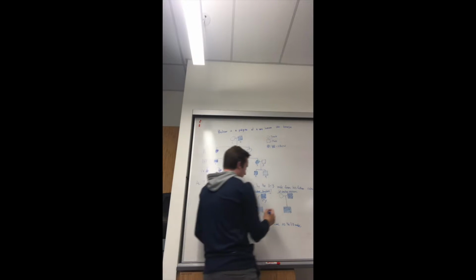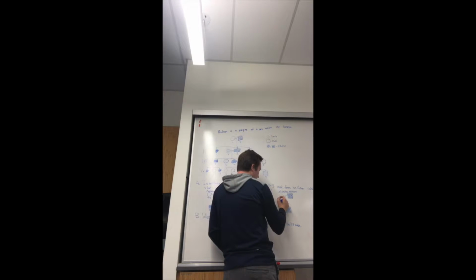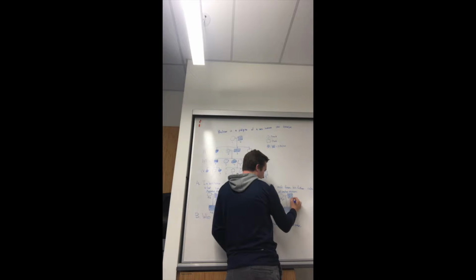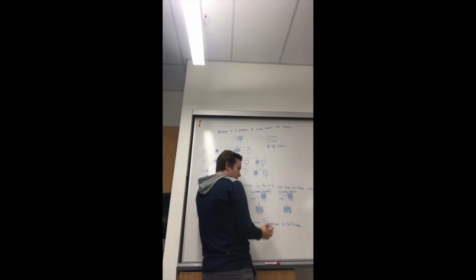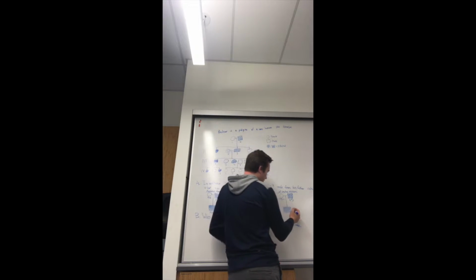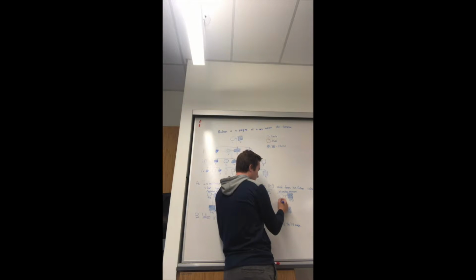Okay. Next is X-linked recessive. So if we assume the mother's heterozygous again, which is like a worst case scenario, then what's another option? The other option is that the mother would be homozygous dominant.